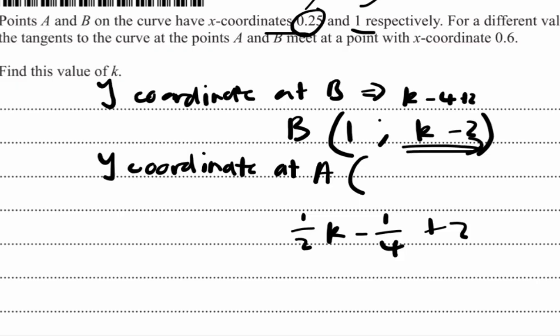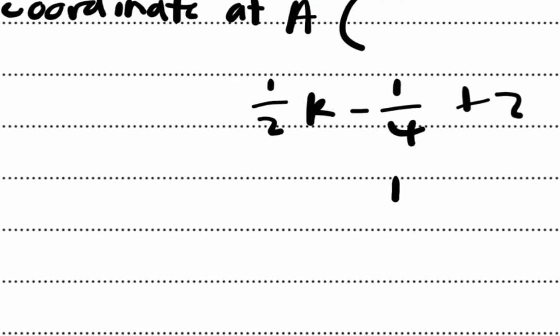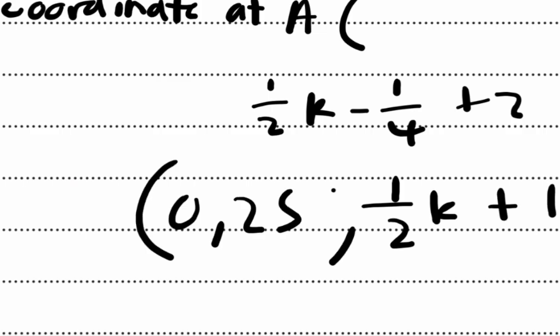So plus 2, we get 1 and 3/4, so half k plus 1 and 3/4, that's the y. 0.25 is the x coordinate of A.